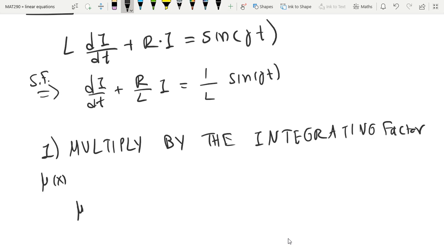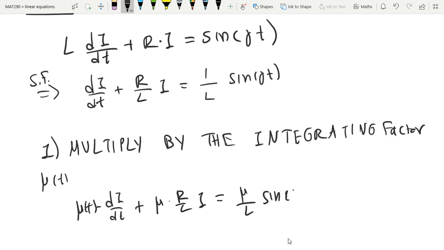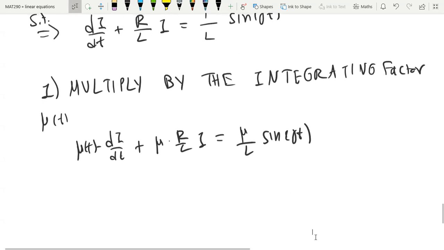So we get mu of t, and then mu over L sine gamma t. Right.